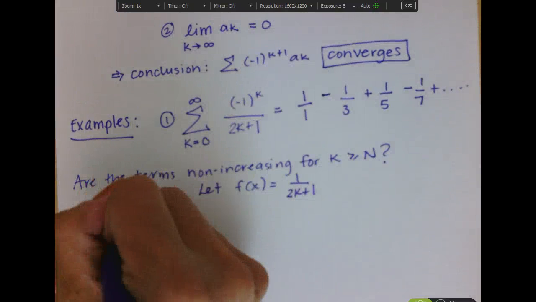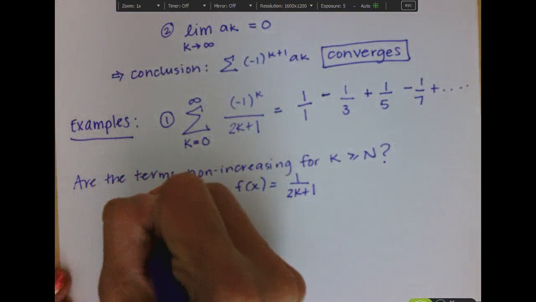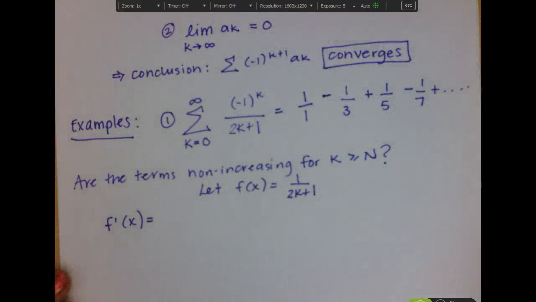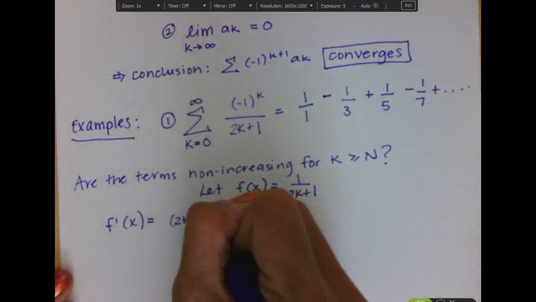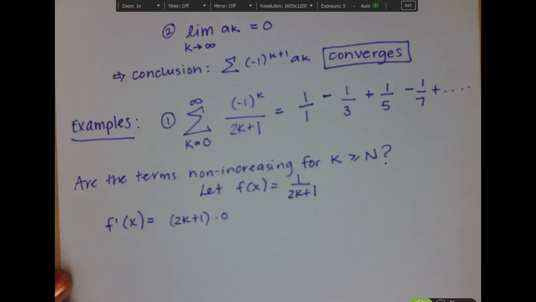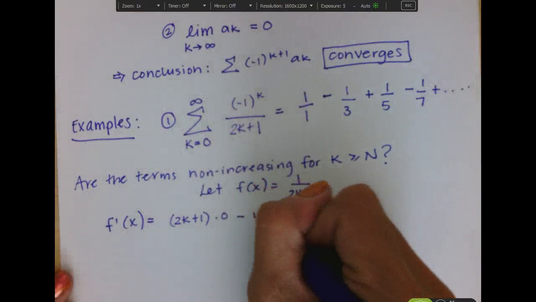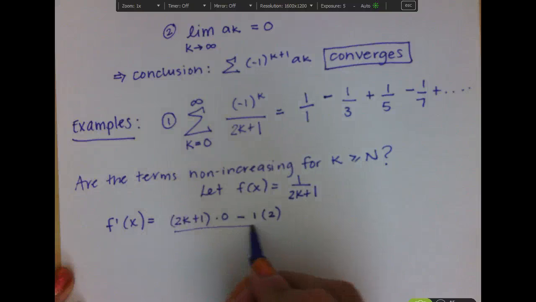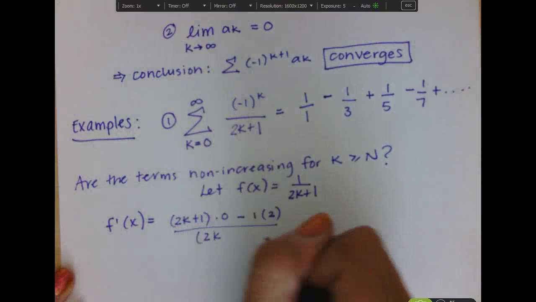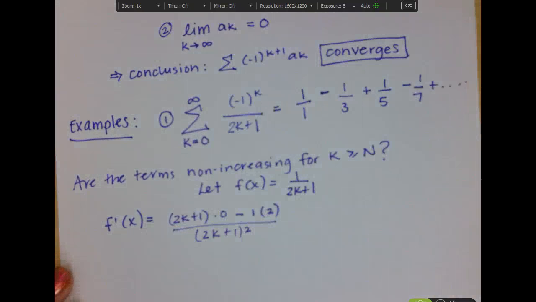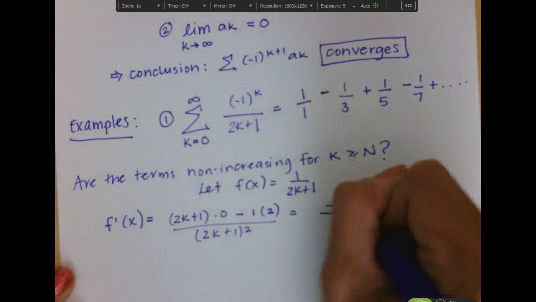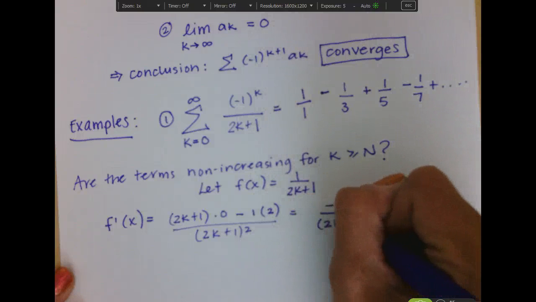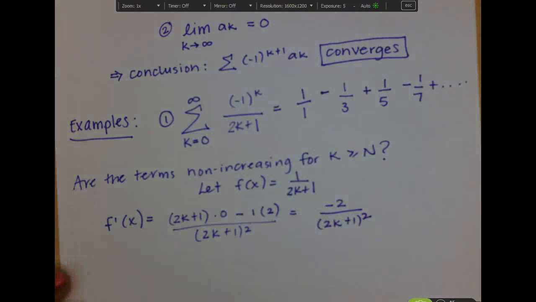So first thing I'm going to do is find the derivative of that function. Not L'Hopital's rule here, but the derivative. So since it's a quotient, we would use the quotient rule. So we have low d high, the derivative of 1 is 0, minus high d low over low squared. Cleaning that up, my numerator is negative 2, and my denominator is 2k plus 1 squared.